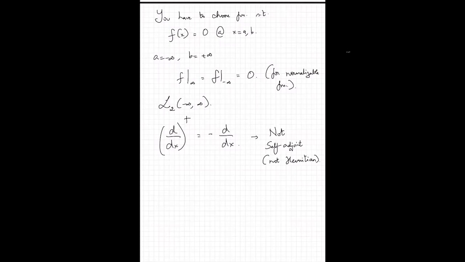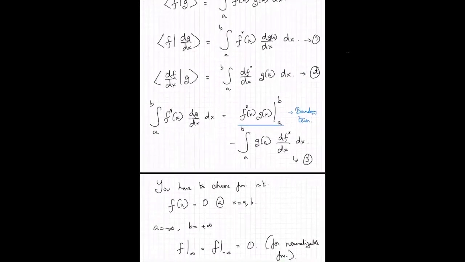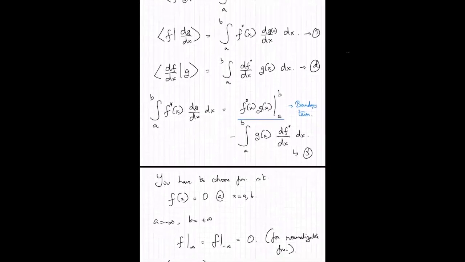But as you can easily check, the operator i d/dx is self-adjoint. Okay, I want you to check this. It's actually trivial to check. If you go through the same computation, you'd find that if you take the adjoint of the operator, since d/dx is manifestly real, the adjoint becomes d/dx.